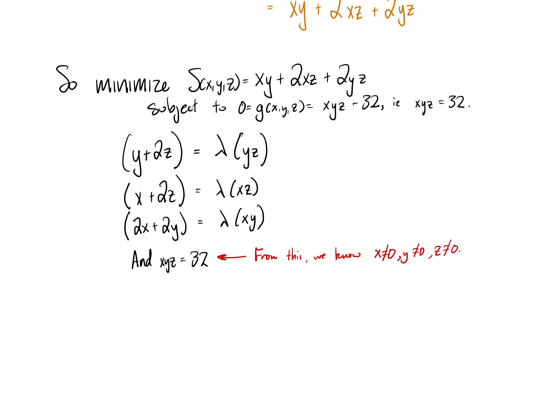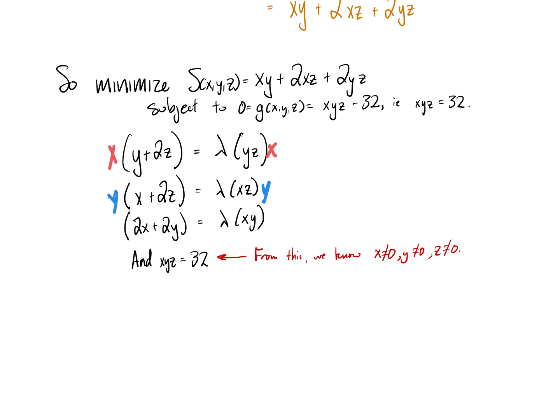Notice that on the right-hand side, we have lambda times YZ in the first equation. The right-hand side of the second is lambda times XZ, and the third is lambda times XY. So if we multiply both sides of the first equation by X, we would have on the right lambda times X times Y times Z. And if we took the second equation and multiplied both sides by Y, we would get lambda times x times y times z.